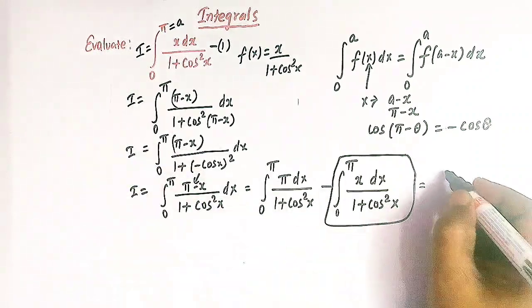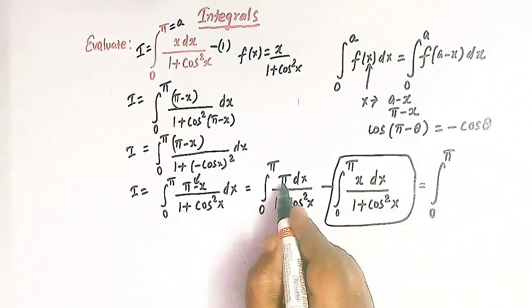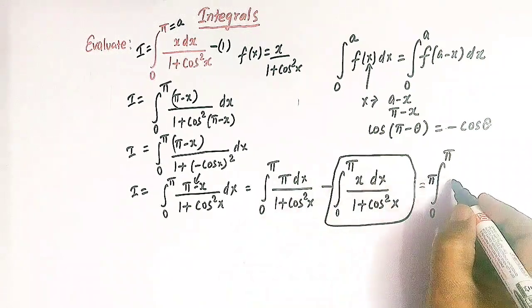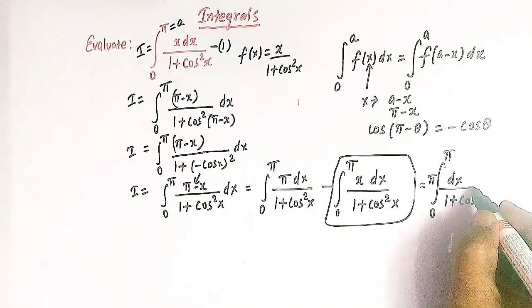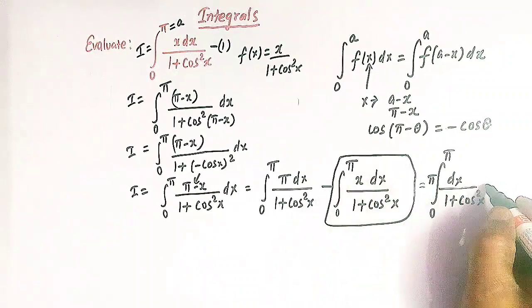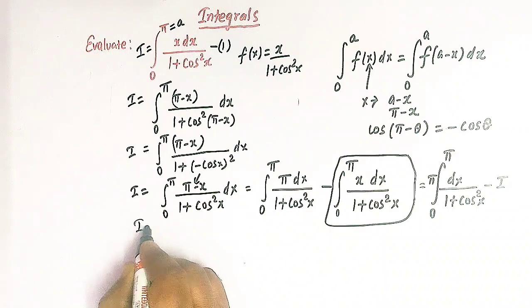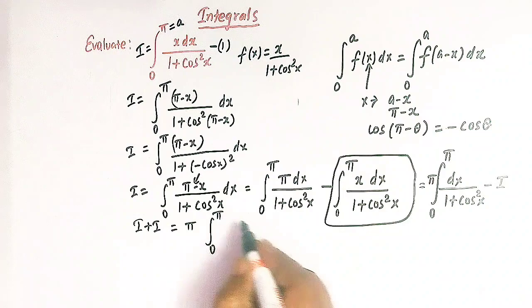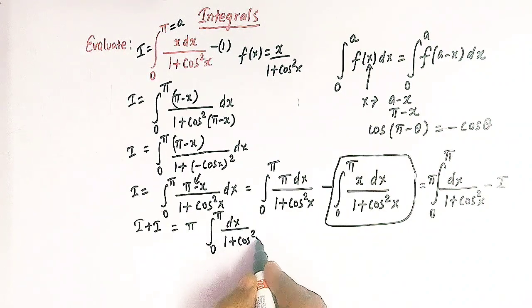So now we can write it as 0 to pi. Let us take pi outside the integral because pi is a constant. So we have pi, dx over 1 plus cos square x, and the second integral may be replaced by I. Taking this I to this side, we have I plus I equals pi times the integral from 0 to pi of dx over 1 plus cos square x.